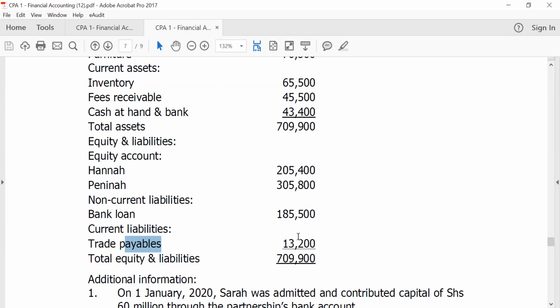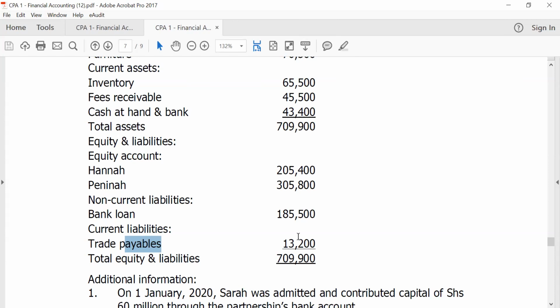Now, when we have a case where goodwill remains in the books, when it comes to the capital account, especially for the respective partners, we understand that goodwill in this case will actually appear in our books of accounts as an intangible asset.